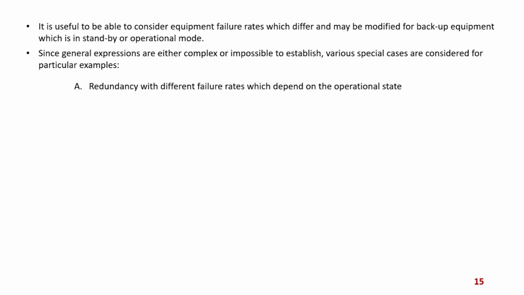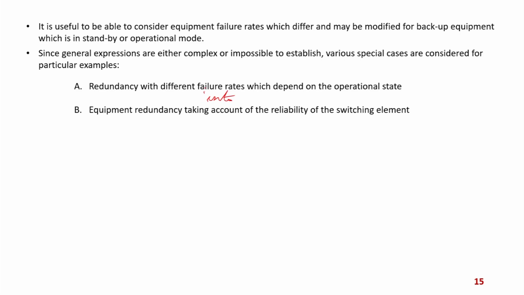So, first we will consider the redundancy with different failure rates which depend on the operational state. Then a second case we will consider is equipment redundancy taking into account the reliability of the switching element. Whatever we have done in the previous examples, there we considered the reliability of the switch to be 1, means it will not fail.